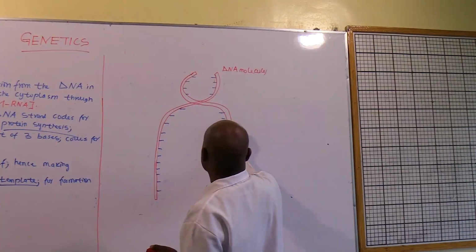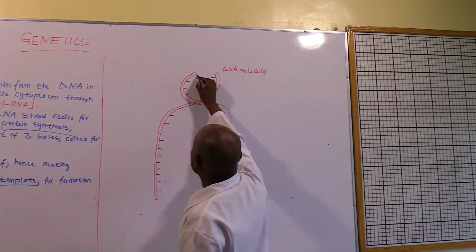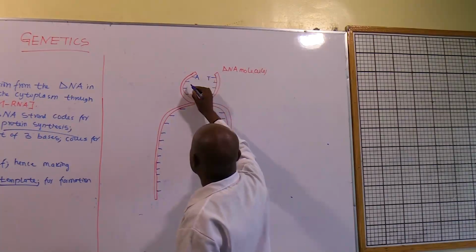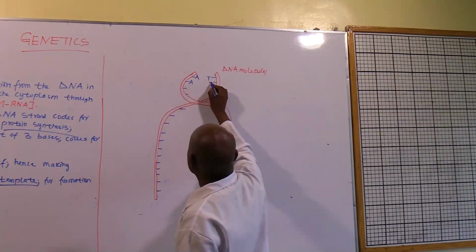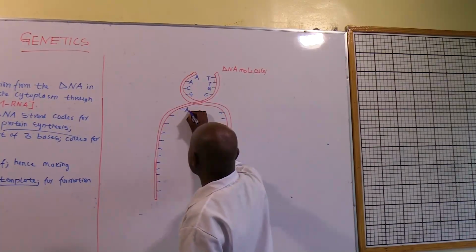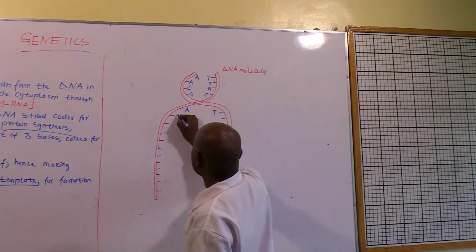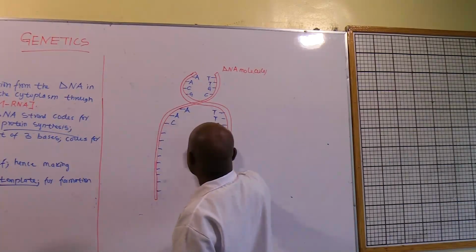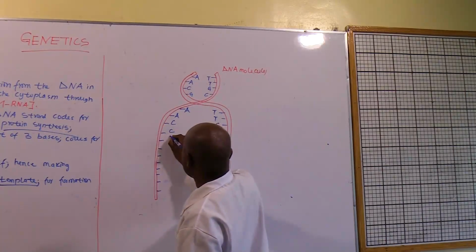You want to see how? In case here we have adenine, then here we will have thymine, adenine, thymine, cytosine, guanine, cytosine. In that manner, adenine reacts with thymine, and cytosine with guanine. Because you have guanine here, we still have cytosine here.